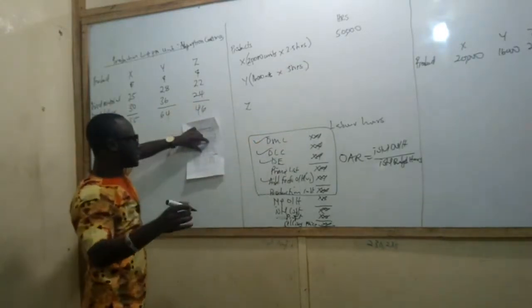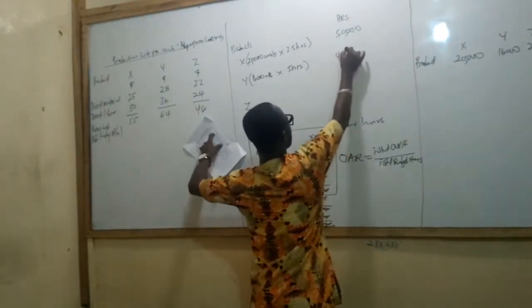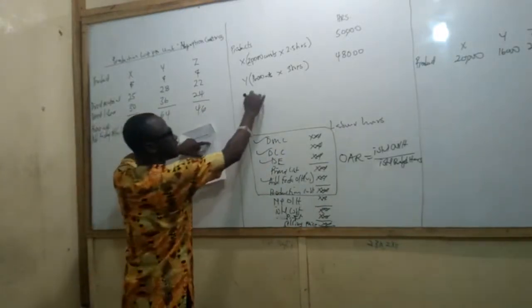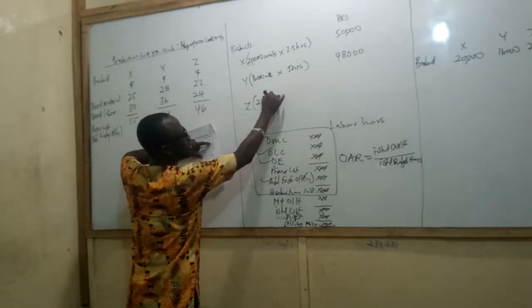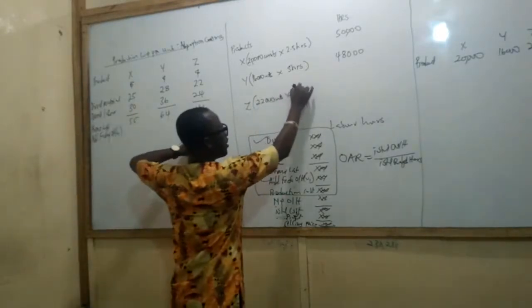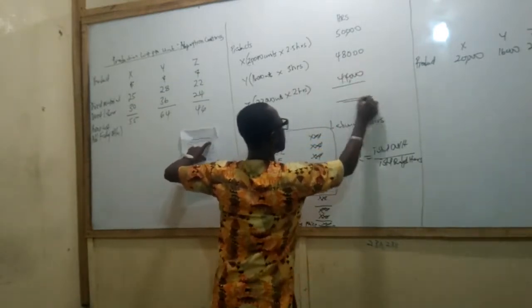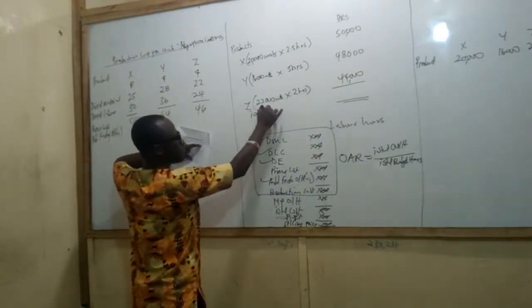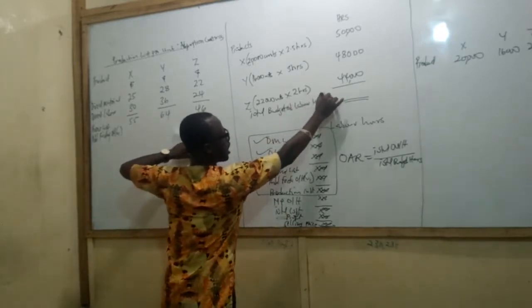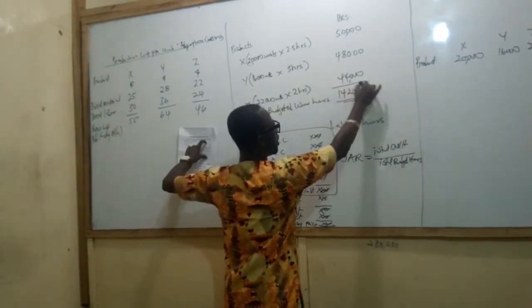Because that is going to be 36 over 12. 48,000. Next, Z. 22,000 units times 2 hours. 44,000. So we add it up. That will be the total budgeted labor hours. 142,000. Any question?